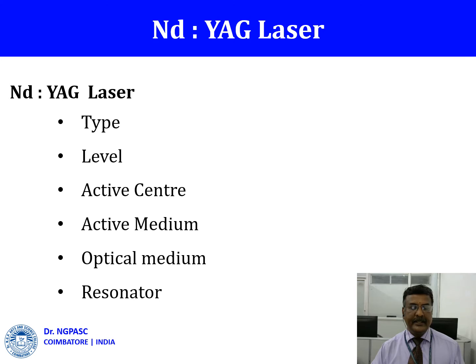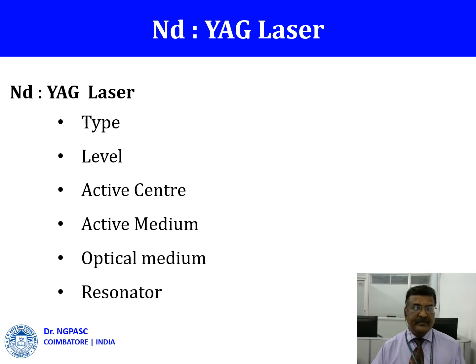Examples of gas lasers are the helium neon laser, carbon dioxide laser, nitrogen laser, and argon ion laser. Examples of semiconductor lasers are the gallium nitride laser, gallium arsenide laser, indium phosphide laser, etc. There are so many types of laser.